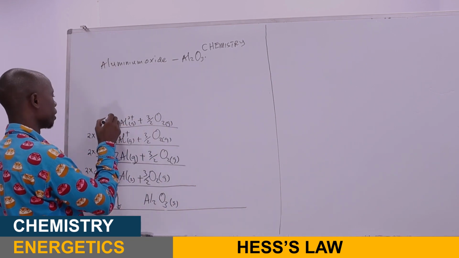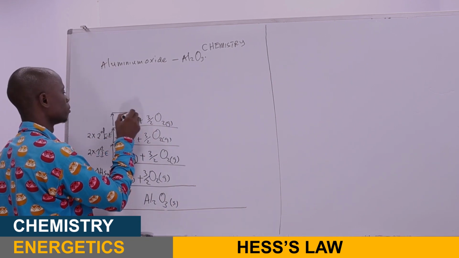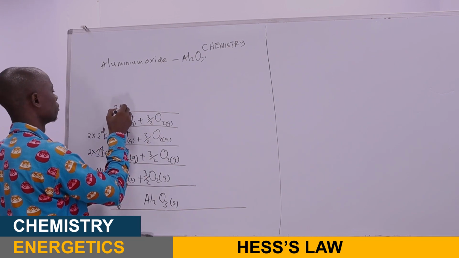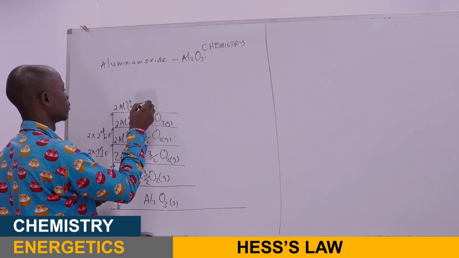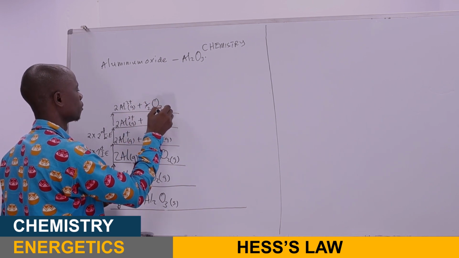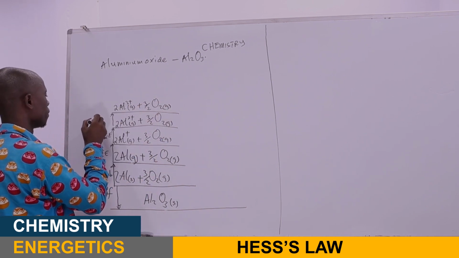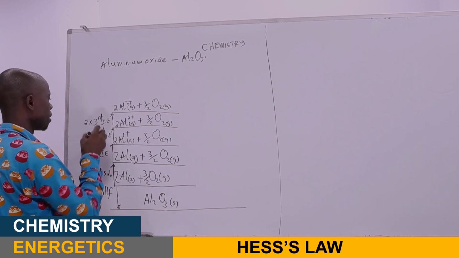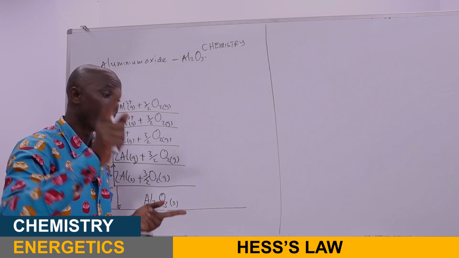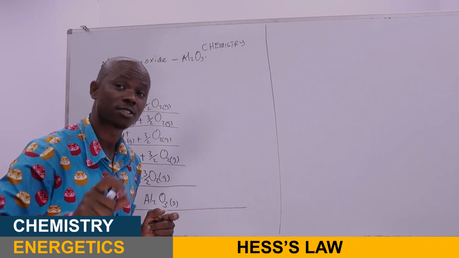We go to the third one. This is the third ionization energy times 2. And the arrow is pointing outward for all the ionization energies.